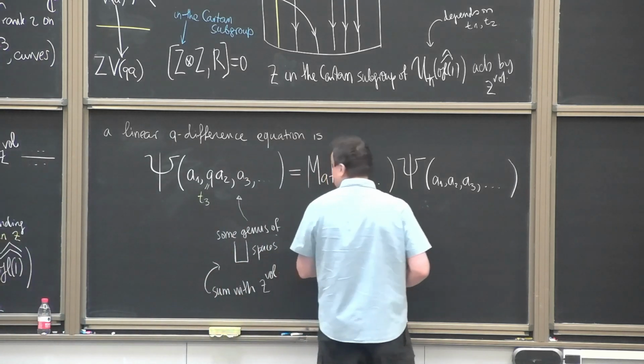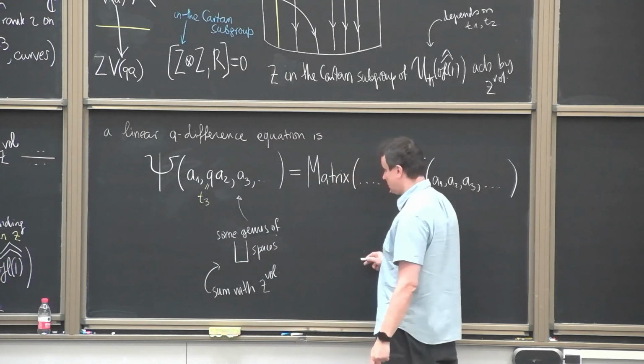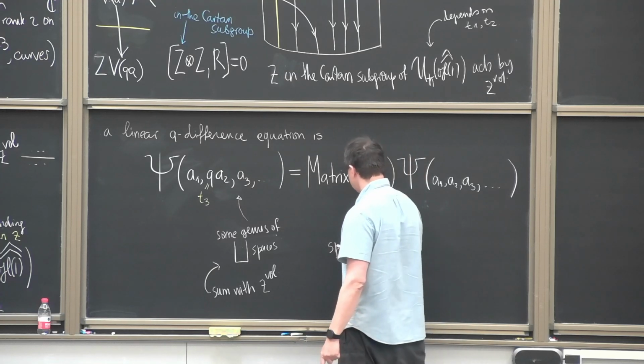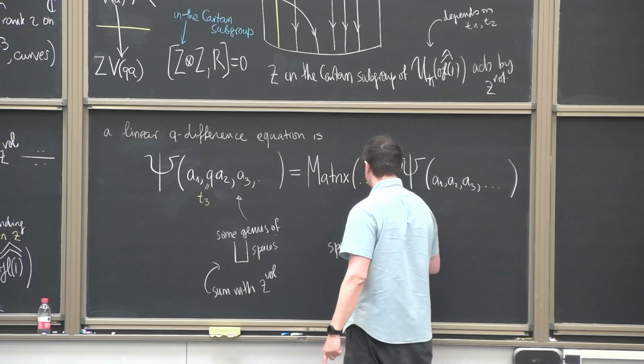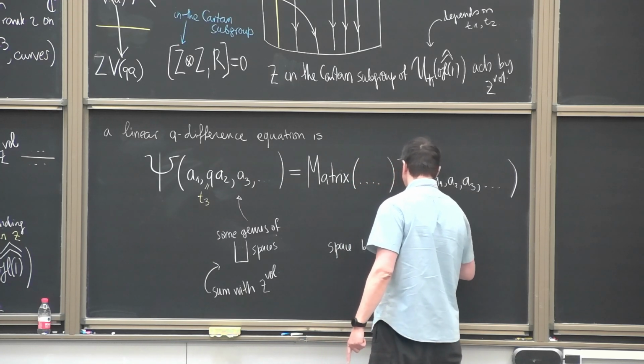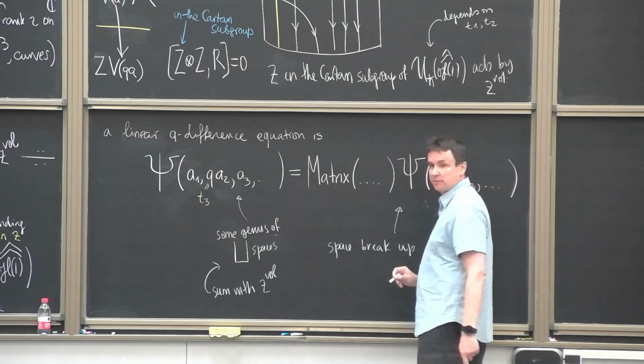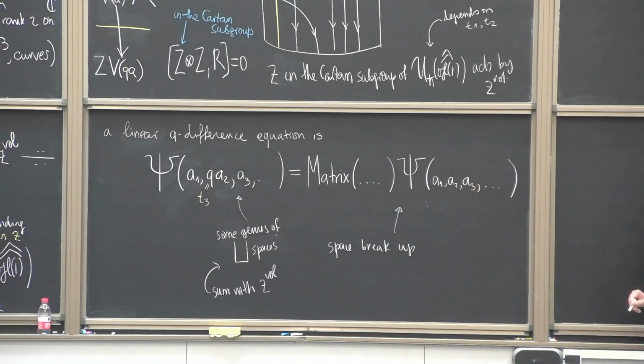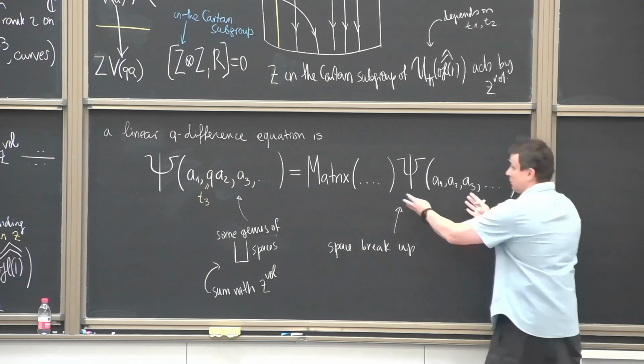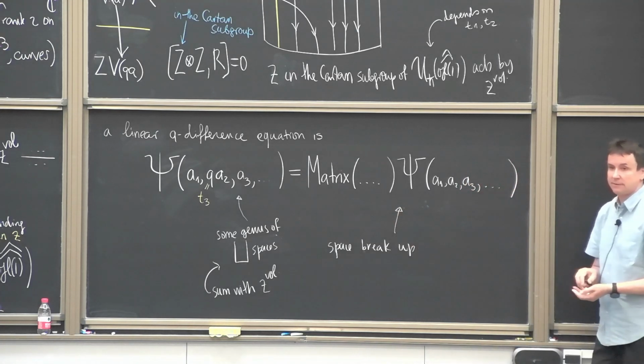And what happens here is these spaces break up. So you have some genus of some space, you can break this space in pieces, and you find some relation of that kind.